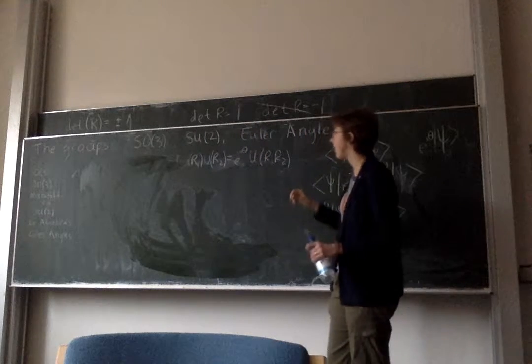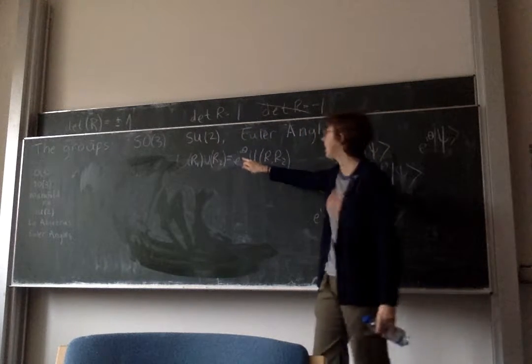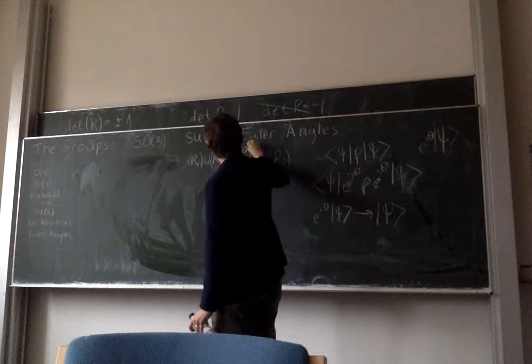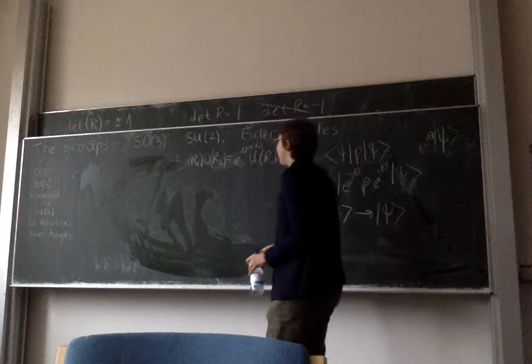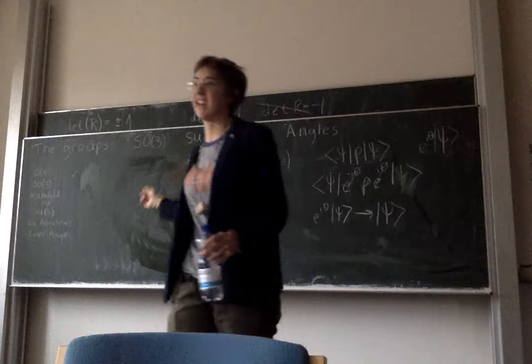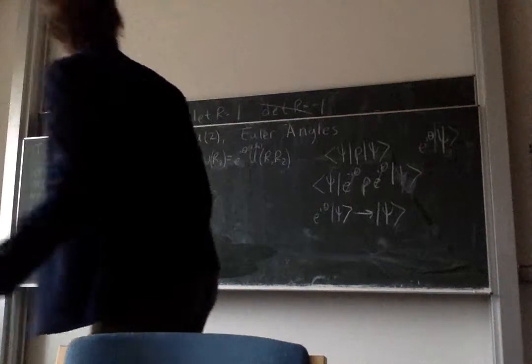And the difficult part about this is this phase factor. Theta is dependent on R1 and R2. And we don't know how to find that theta. It's difficult to find that theta.